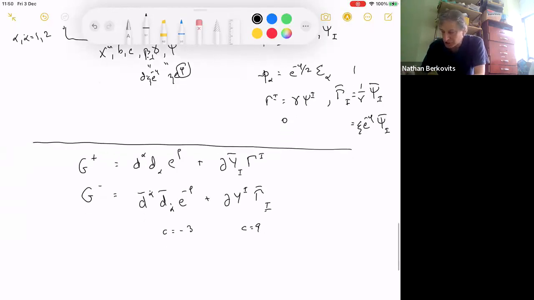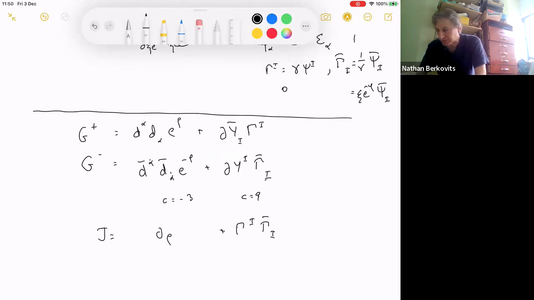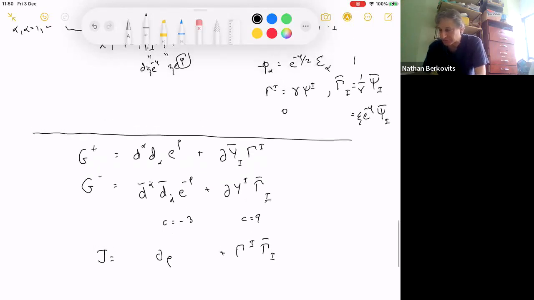Similarly, you can also work out what J is. So J is equal to d rho plus gamma^I gamma bar^I. And of course, T is just the sum of the stress tensors from the 4-dimensional part and the 6-dimensional part.